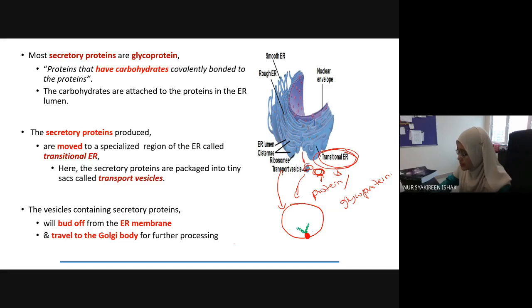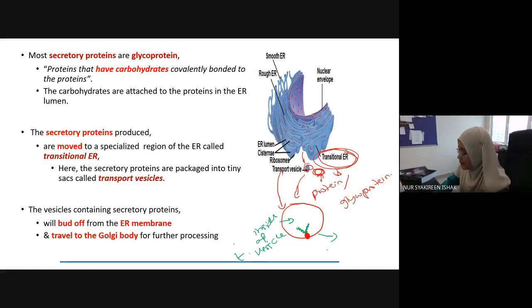So now it becomes glycoprotein. So this is a glycoprotein. So as you can see from this diagram, the green structure here, which is the carbohydrate region of the glycoprotein, is facing inside of the vesicle, of the transport vesicle.